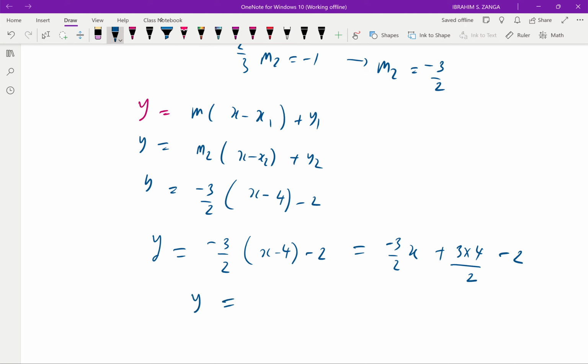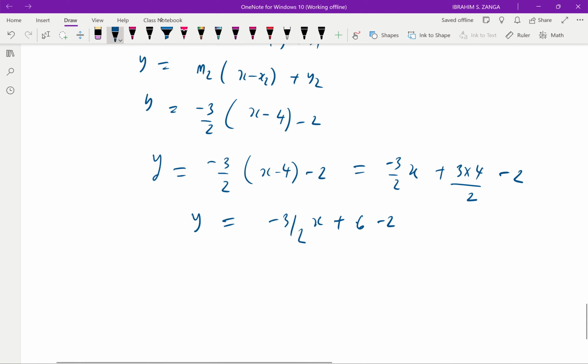So it will be y equals negative 3 over 2 x plus, you have 3 times 2, it is 6, minus 2. Now you have y equals negative 3 over 2 x plus 3.